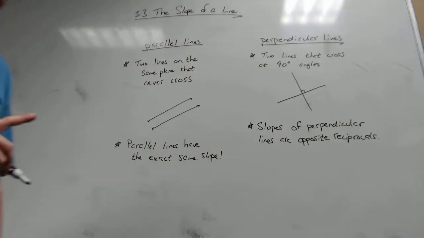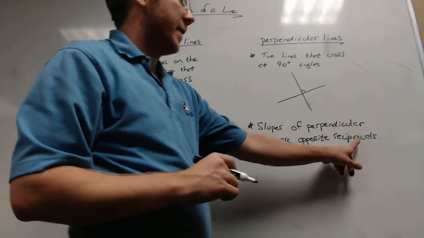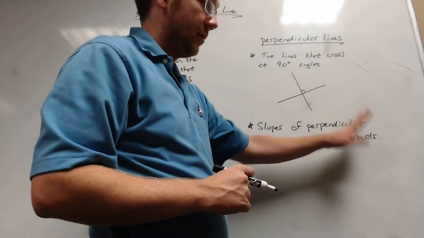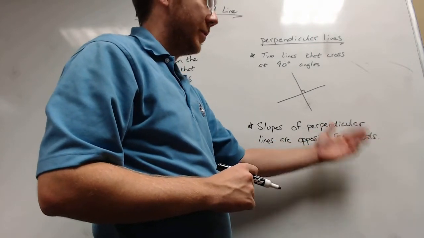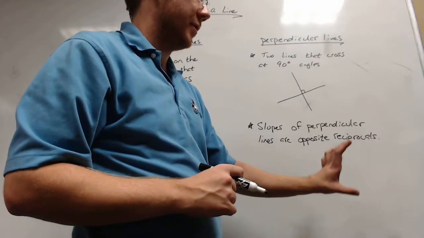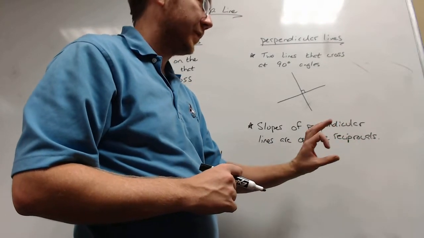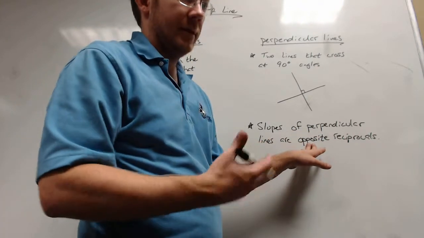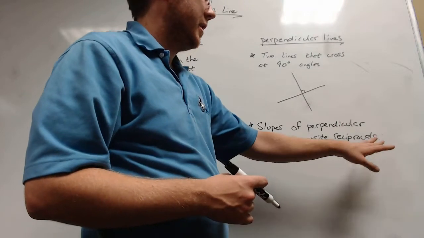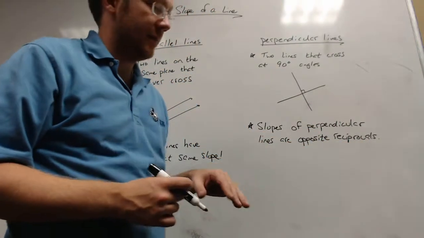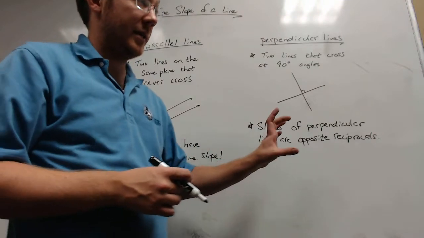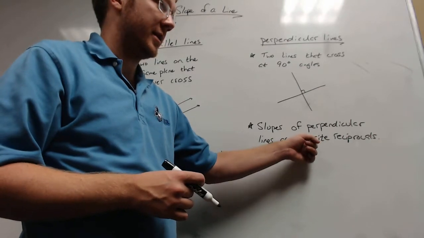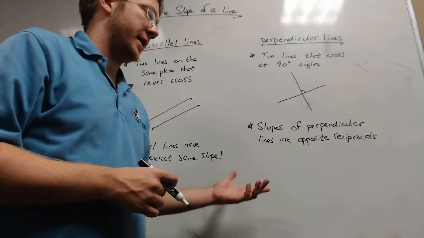They're opposite in that they're reciprocals of each other. So if I had one line that had a slope of 2/3, its perpendicular line would have to have a slope of 3/2. You take the fraction and flip it upside down. So that's one way that it's opposite. But not only that, it has to be opposite in terms of sign. If I have a positive slope, its perpendicular line would have a negative slope. So two types of opposite. We're going to take any slope, any rise over run, flip it upside down, and change the sign. If it's positive, it'll now be negative. If it was negative, it'll now be positive.